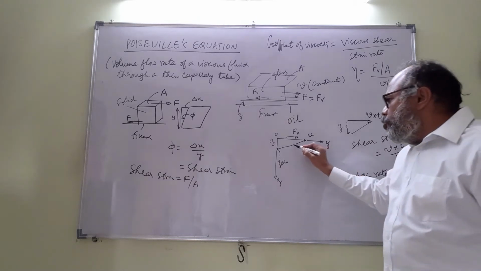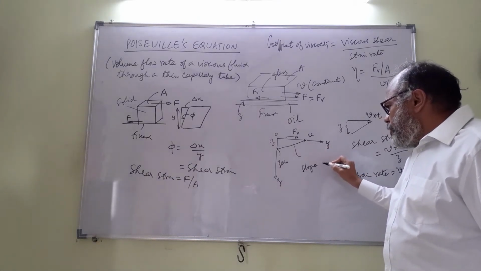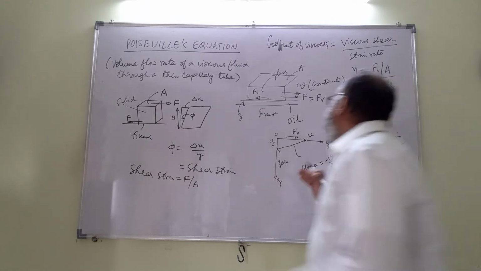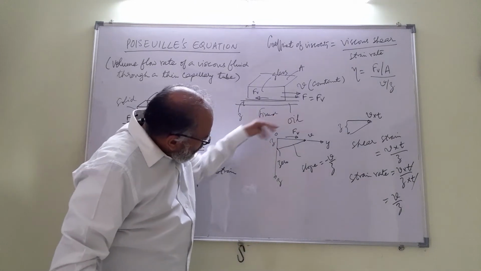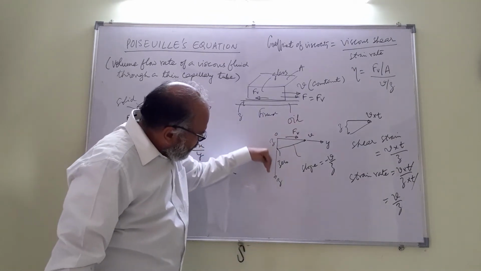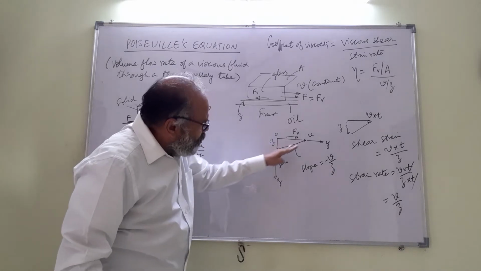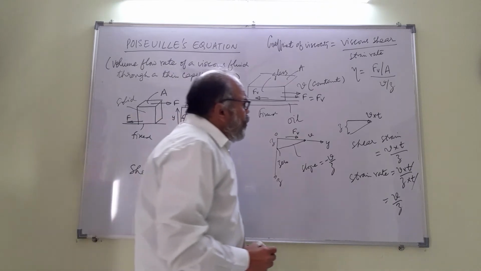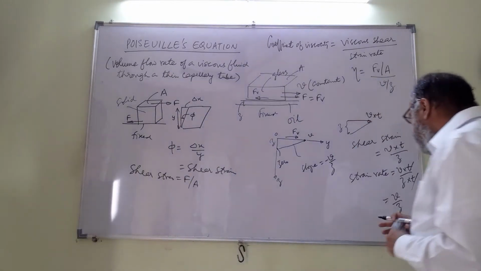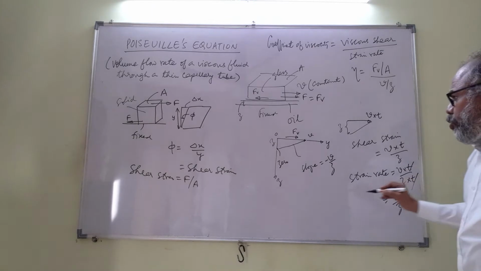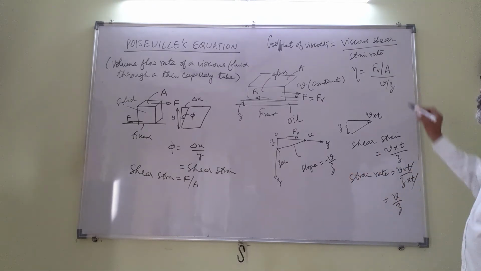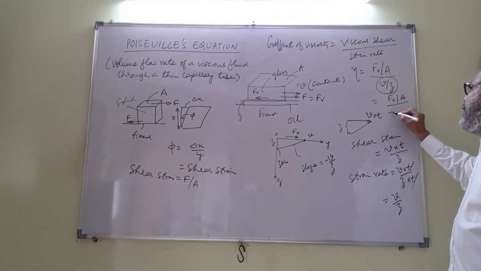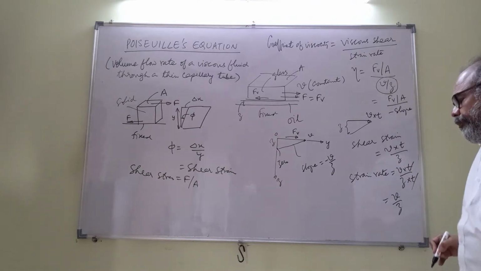Now you see the slope of this line is minus V by Z. If you visualize it with the origin here, the y-axis and the z-axis like this, the slope will be minus V by Z. So V by Z can be written as Fv by A divided by the negative of the slope.